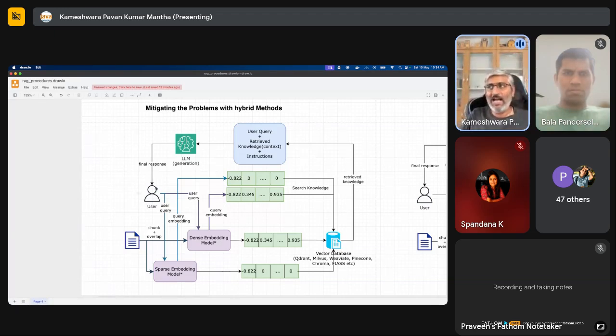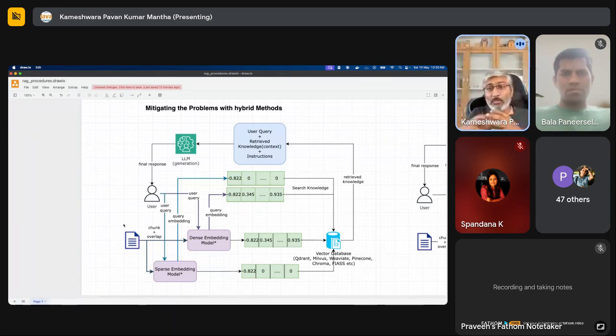And when the user asks a question, that also gets split into two, because the input is fed into the two models and we get two vectors. Using these two, we search our Qdrant, using the sparse vector and the dense vector, and then you get the retrieval knowledge, and finally you augment it and send it to an LLM. What is happening here is two things. With the dense vector, you are doing the similarity search, and with the sparse vector, you are doing the keyword match.